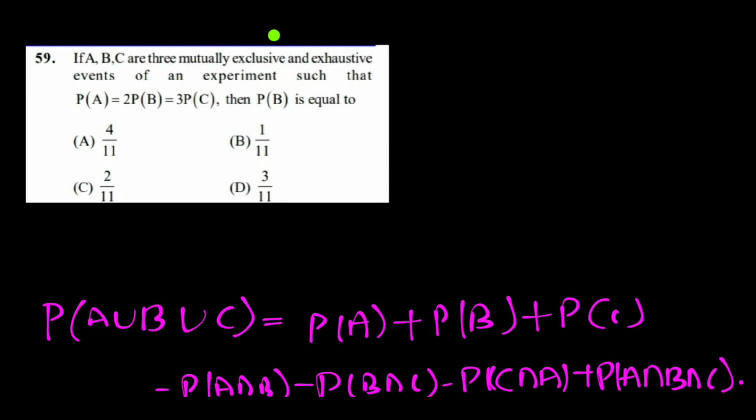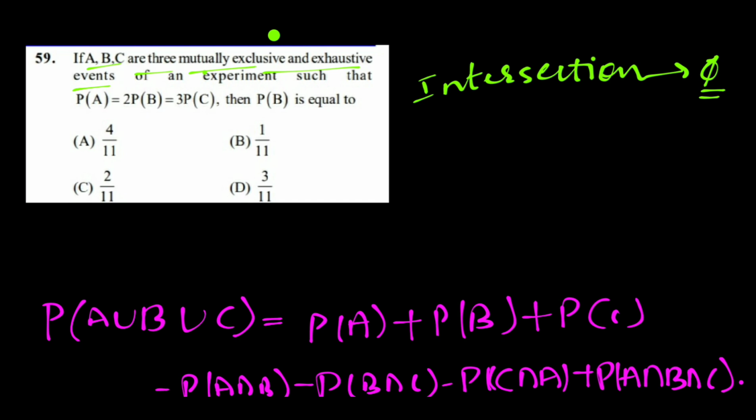Next, problem number 59. If A, B, C are mutually exclusive and exhaustive events. Exclusive events means the intersection part is empty, the intersection is phi. Exhaustive means A union B union C is equal to the sample space.